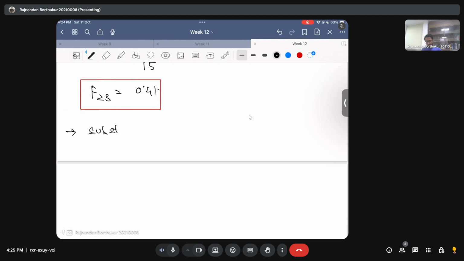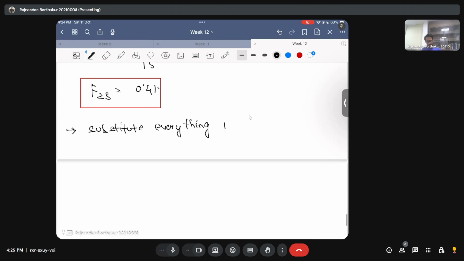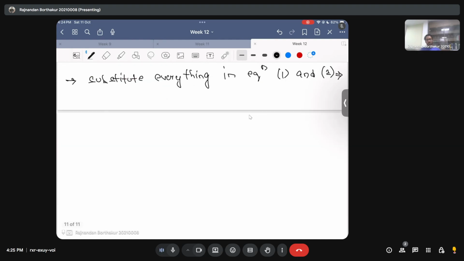So substitute everything, and by everything I mean the temperatures, the emissivities, and the view factors, in equations 1 and 2. And if you do so, I'll skip this math because by the end of this course, I believe you are experts in these things. You will just get two simplified algebraic expressions which will look something like this. I have calculated that a priori.